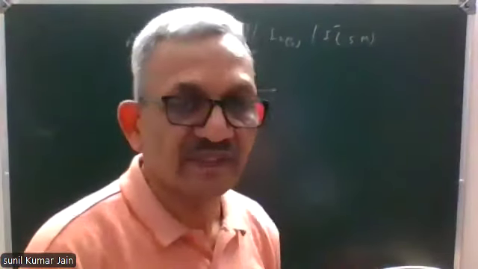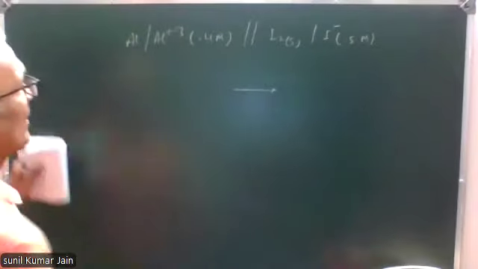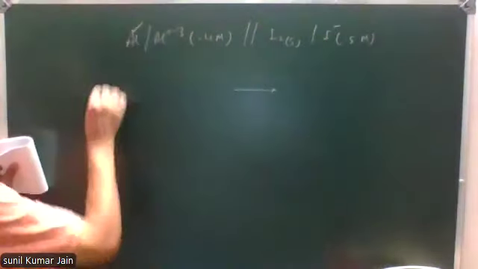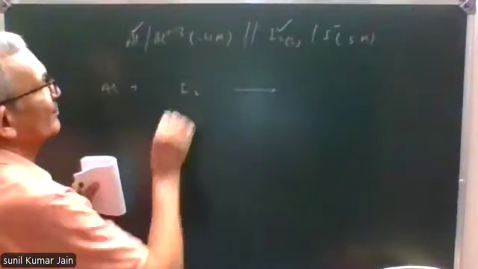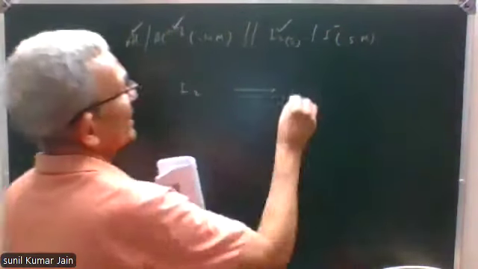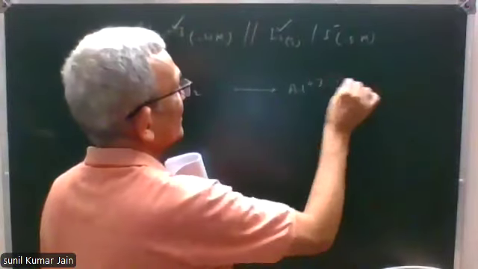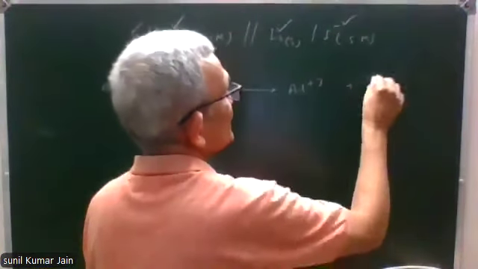Electrode potentials are given, that is different, right? Reactants are aluminium and iodine, I2. Products are aluminium ions and I minus.